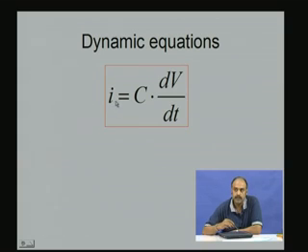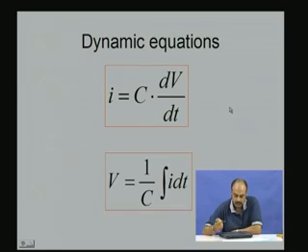The current through the capacitor is always 0 in the average value. The average value of the current is always 0 in the capacitance under steady state conditions, but under dynamic conditions it is given by this equation, I is equal to C dV by dt, or the voltage is given by 1 by C integral of I dt. It is exactly this equation written in a different form.